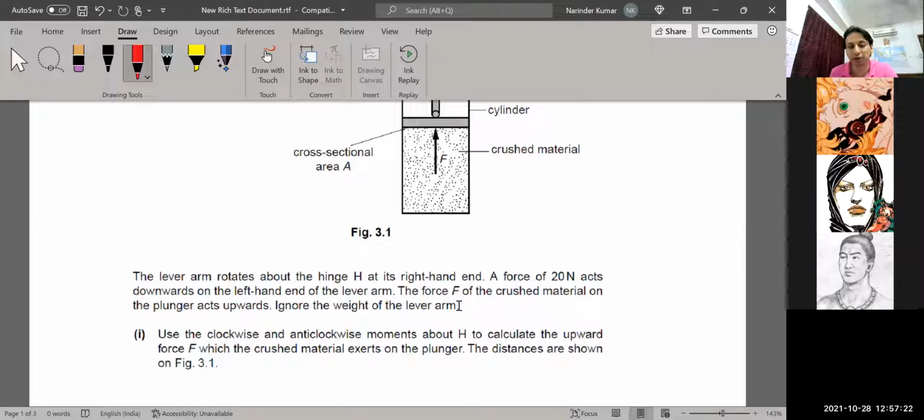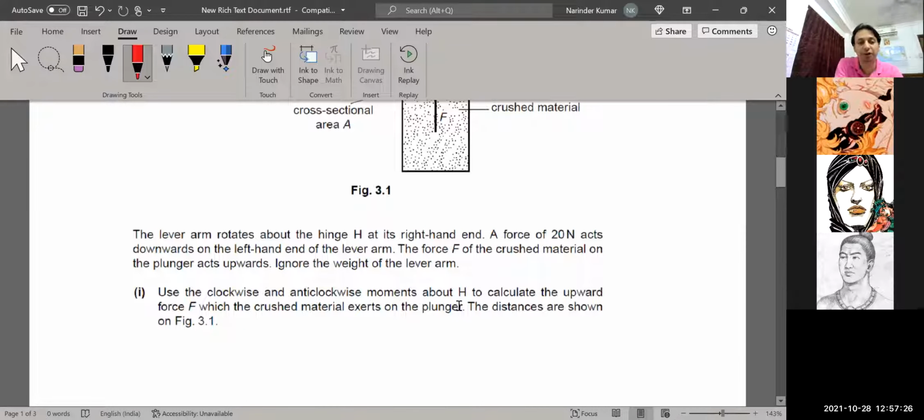Ignore the weight of the lever arm. Then you need to calculate, children. Use the clockwise and anti-clockwise moment about H to calculate the upward force F which the crushed material exerts on the plunger. The distances are shown in the diagram.